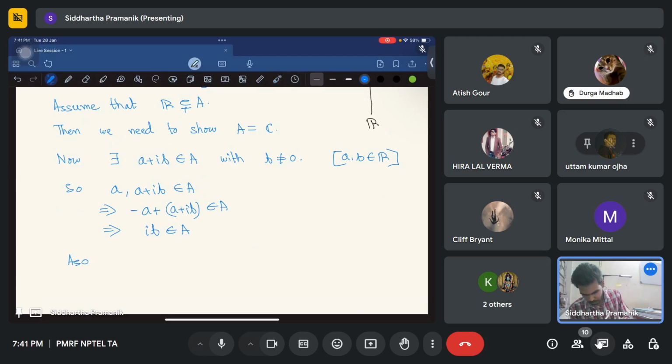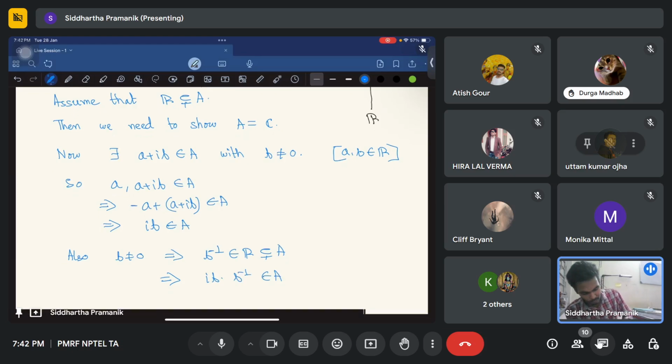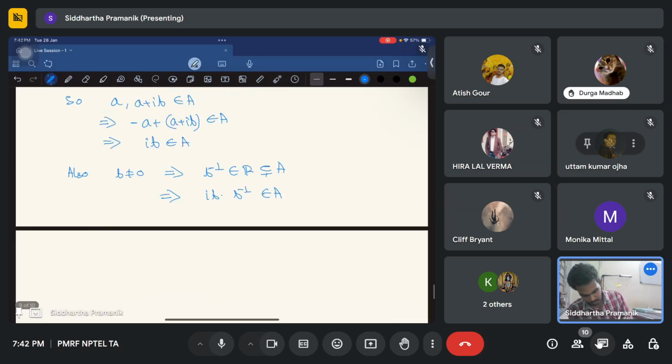Also, b is non-zero, that implies b inverse belongs to R, which is a subset of A. So b inverse belongs to A. So ib times b inverse belongs to A because it's a subring, so closed under multiplication. That will imply i belongs to A.